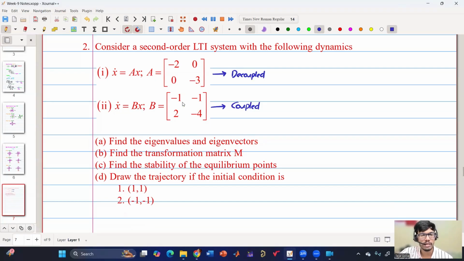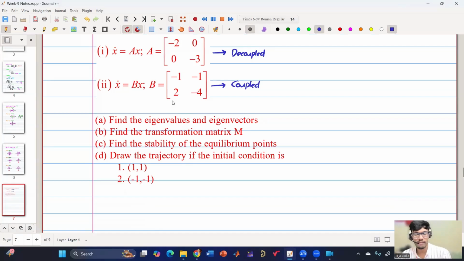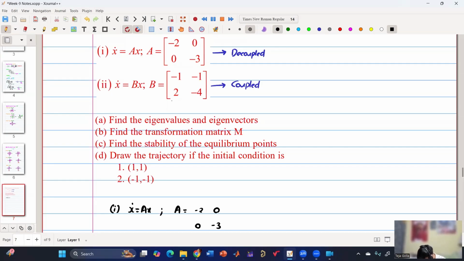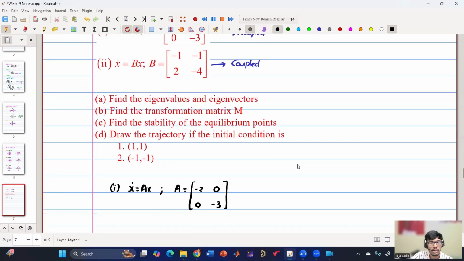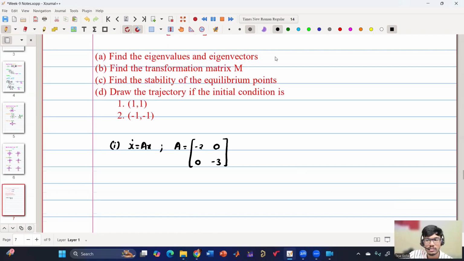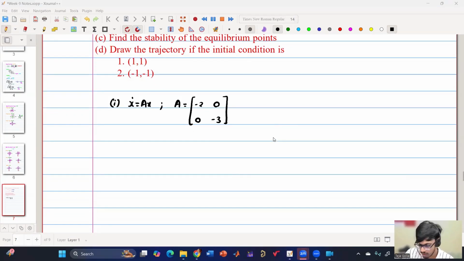Can you tell me, for x dot equal to Ax, what are the eigenvalues and eigenvectors? So first we are considering x dot equal to Ax. What are the eigenvalues as well as the eigenvectors? Decoupled, -2, -3. Very good. So we have already solved.